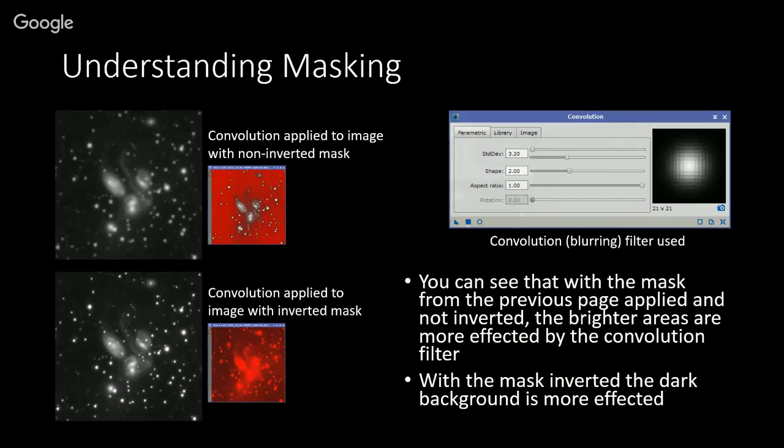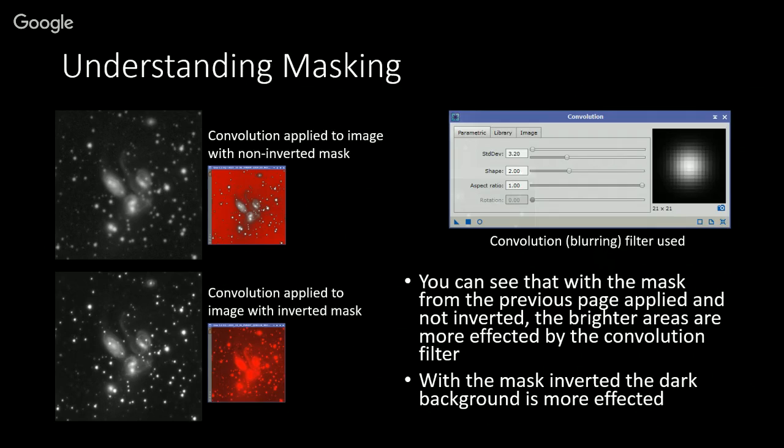So here's an example of that here. I've taken a convolution filter, in this case a 21 by 21 kernel convolution filter. It's just a standard Gaussian point spread function that is applied to the image. With a non-inverted mask from the previous slide, you can see that the galaxies in the upper image are blurred, right, due to the convolution.